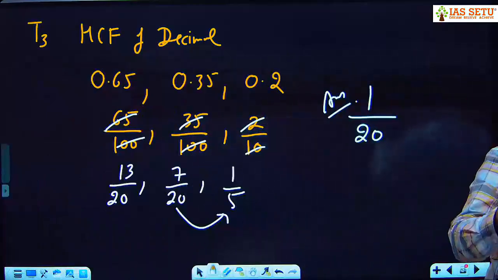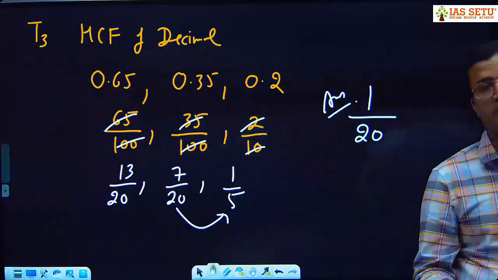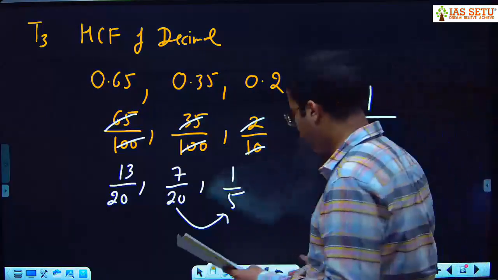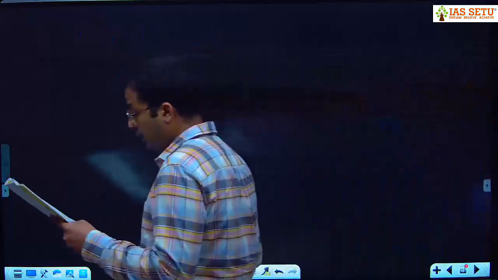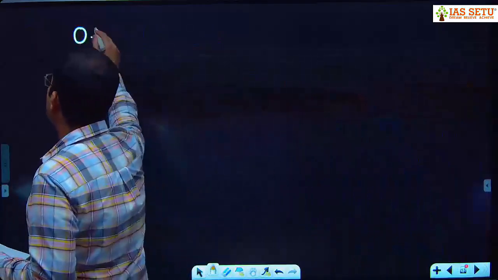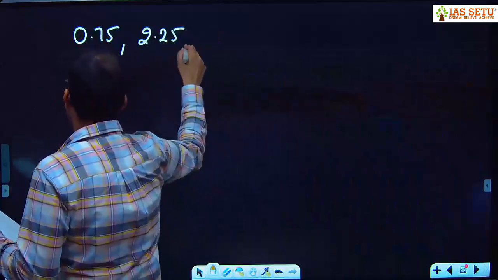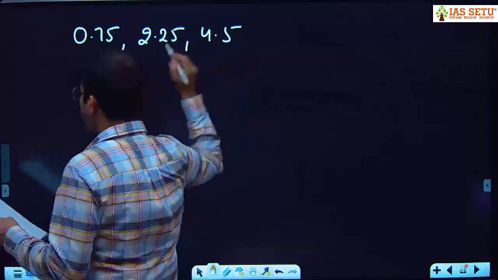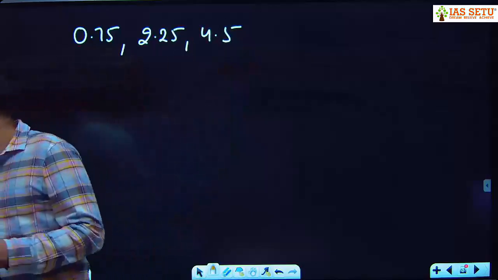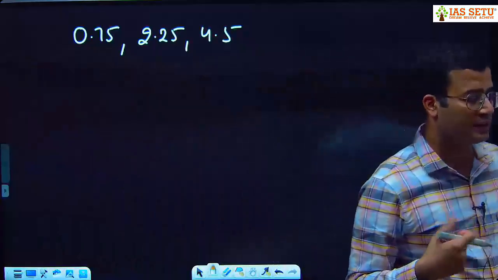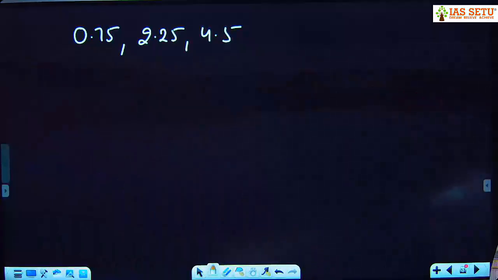Fine. So here you convert decimals into fractions, like type 2. Try one more question: 0.75, 2.25, 4.5. Take your time, try to find the HCF of these given numbers.